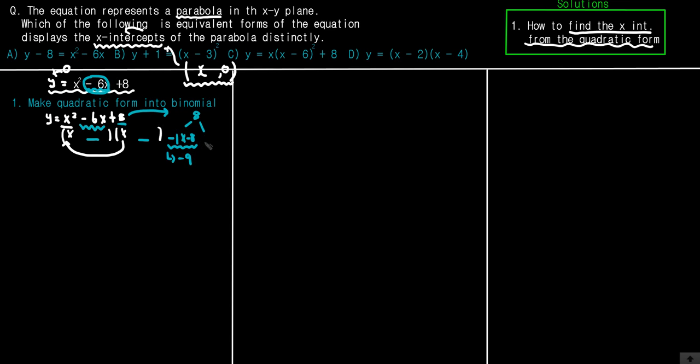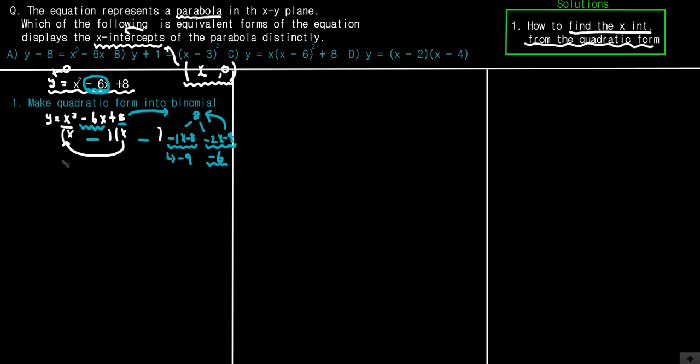The next factors are negative 2 times negative 4. If we multiply them, it clearly gives us positive 8, and if we add them, it gives us negative 6, which satisfies our function right over here. So we can input negative 2 and negative 4 for our unknown quantities.